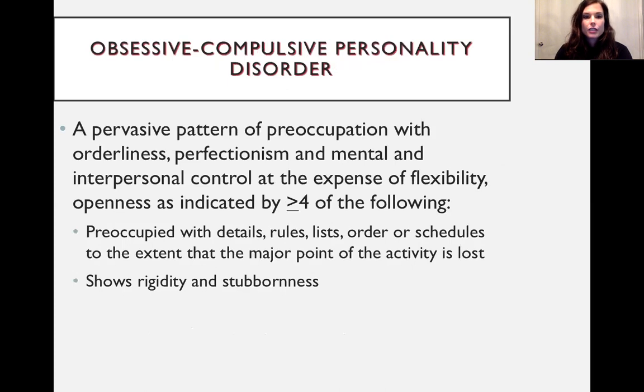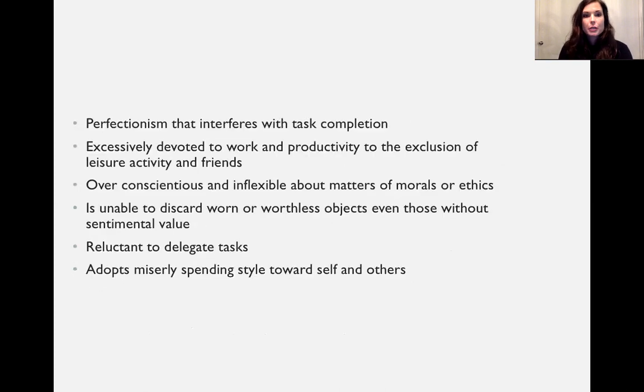And they show more than 4 of the following: preoccupied with details, rules, lists, order, or schedules to the extent that the major point of the activity is lost; rigidity and stubbornness; perfectionism that interferes with task completion; excessively devoted to work and productivity to the exclusion of leisure activities and friends; they're overly conscientious and inflexible about matters of morals or ethics; unable to discard worn or worthless objects, even those without sentimental value; reluctant to delegate tasks; and adopts a miserly spending style towards self and others.